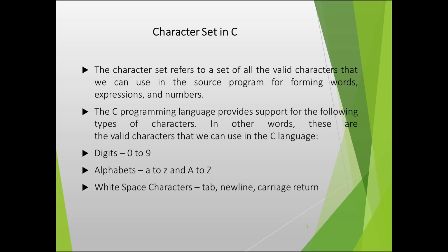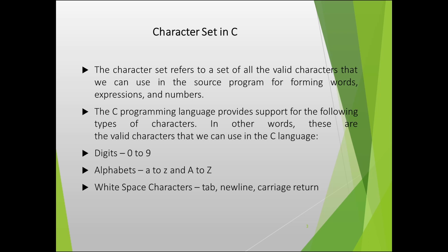And coming to character set in C, the character set refers to the set of all the valid characters that can be used in our source program, which is used for forming words, expressions, and numbers. So expression is nothing but the combination of operands and operators. It provides support for the following types of characters.